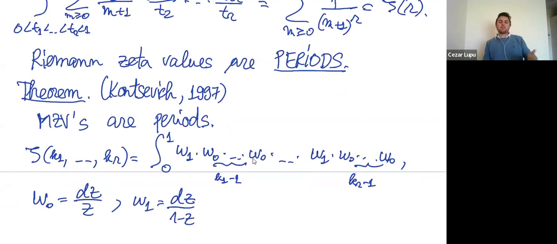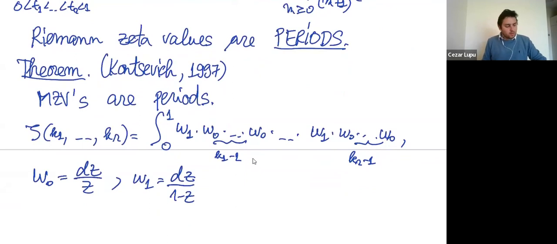And of course, this iterated integral converges if we have omega E1 through omega ER, this will make sense only when these Ej are 0 and 1. So this will converge if and only if these indices are 0 or 1, which is the case for multiple zeta values. All right, so this was the theorem of Kontsevich.